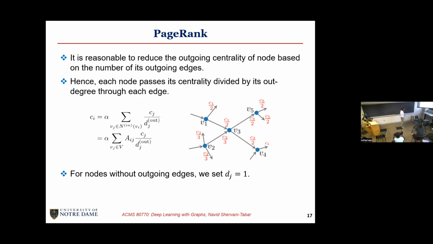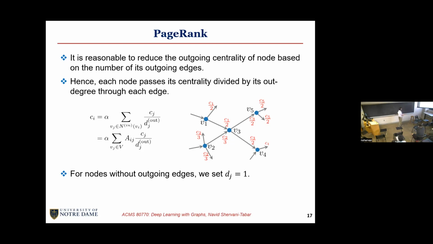Now, there's a case that a node can have zero outgoing edges. And that's going to make this equation be 0 over 0, because there's already no connection between i and j, because j doesn't have any out-degree. So both of these terms are going to be 0. So in order to have a well-defined equation, we set that by convention to 1.